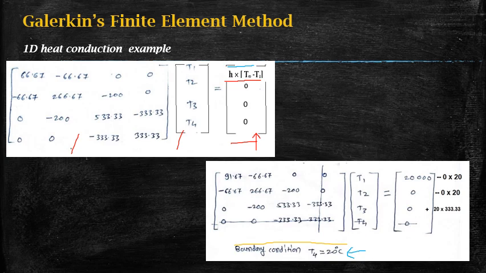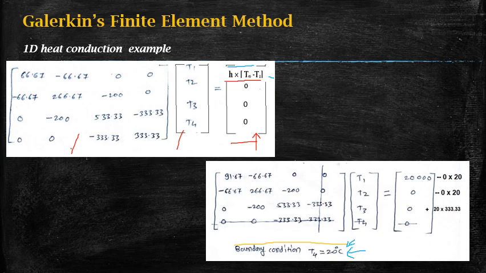So that's why this one is a gradient type of boundary condition, and this is a boundary condition that is directly imposed on the field variable. So this has to be treated in the same fashion in which displacement boundary conditions are dealt with in a structural problem.